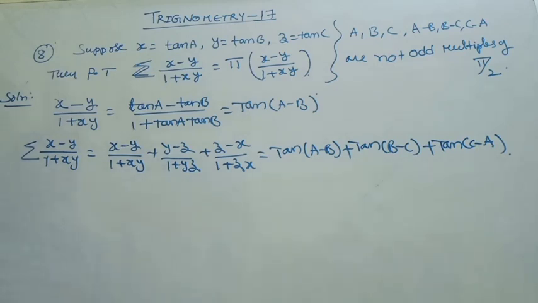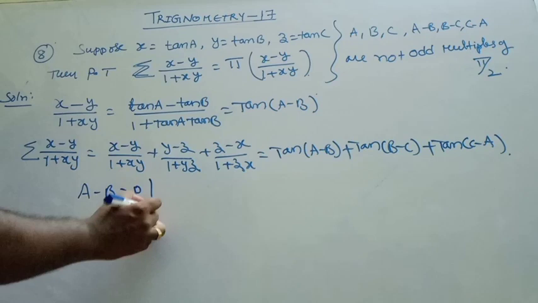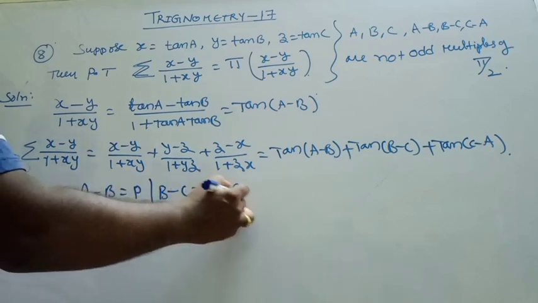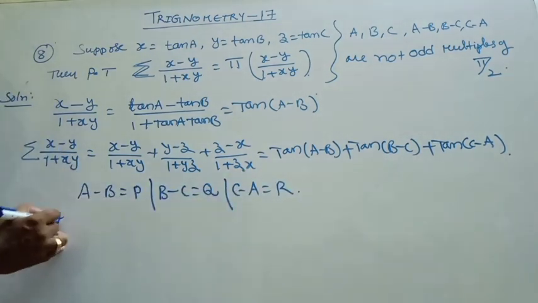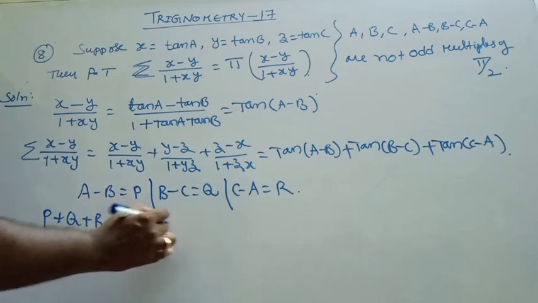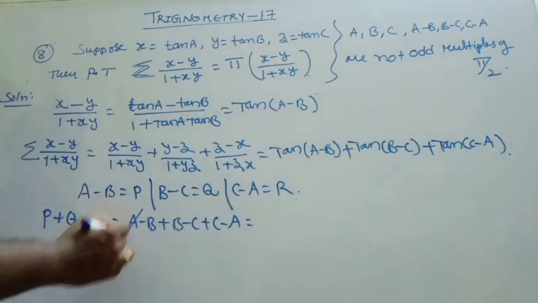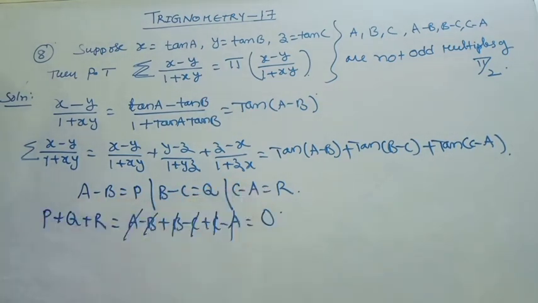Wonderful. Now observe one thing. Suppose you take A minus B equal to P, B minus C equal to Q, and C minus A equal to R. Now P plus Q plus R is A minus B plus B minus C plus C minus A. They all cancel, so that becomes 0.